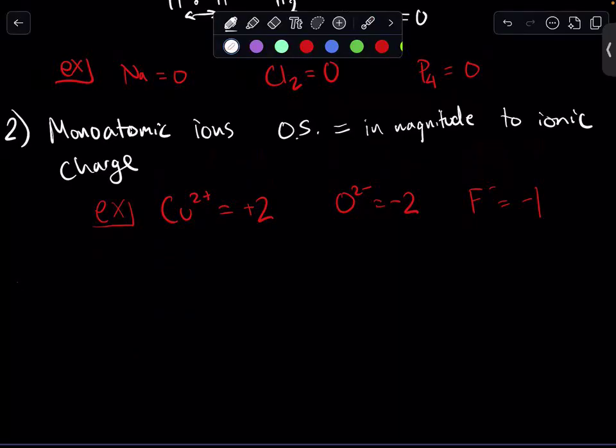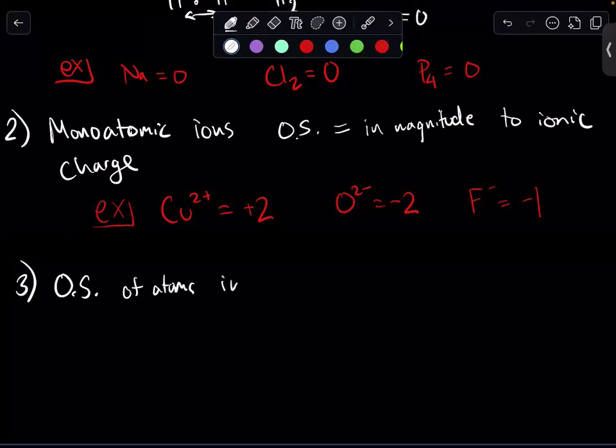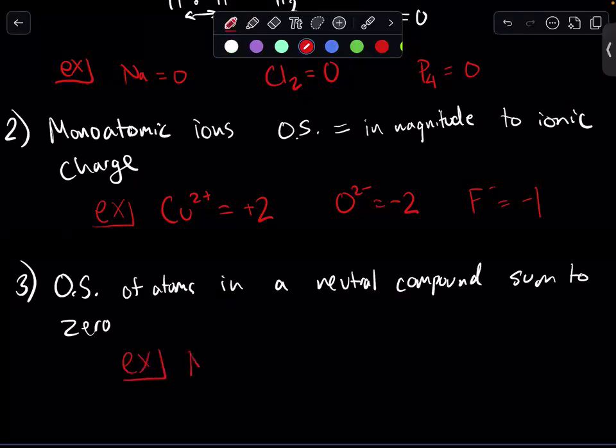All right, number 3, oxidation states of atoms in a neutral compound sum to 0. So, for example, Na2O. In this ionic compound, sodium has a charge of 1 plus, oxygen has a charge of 2 minus.